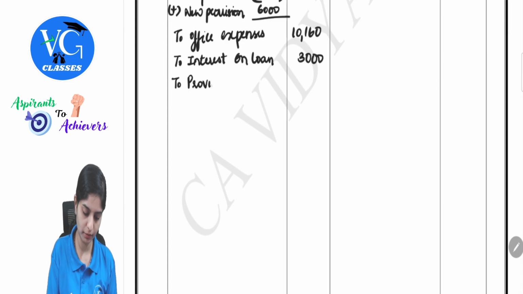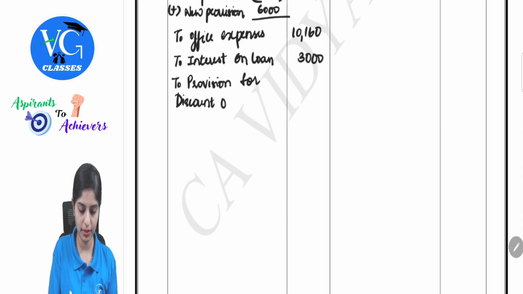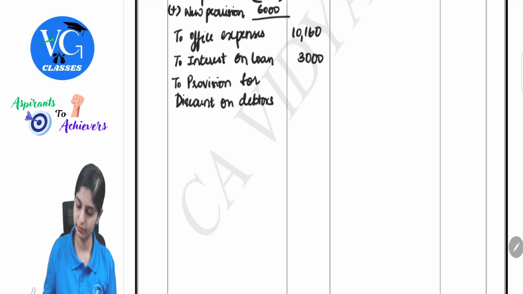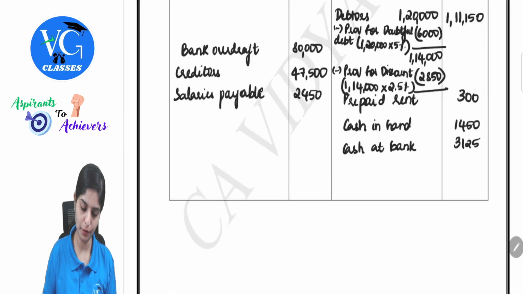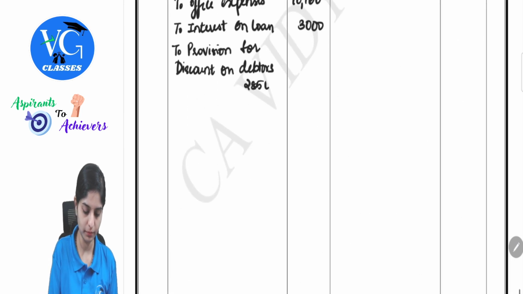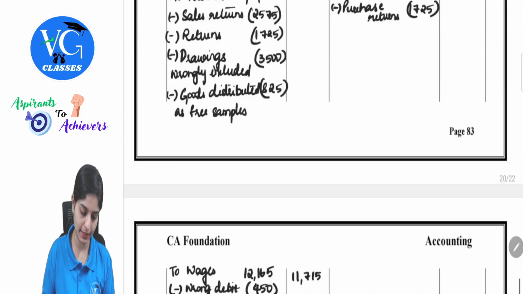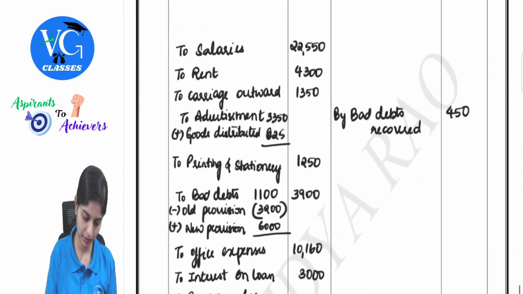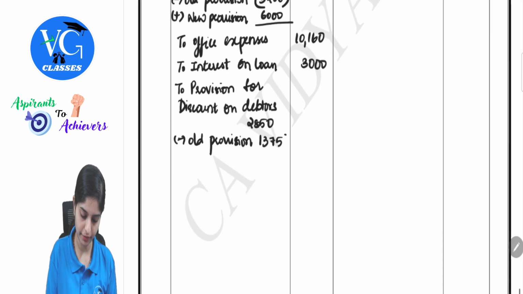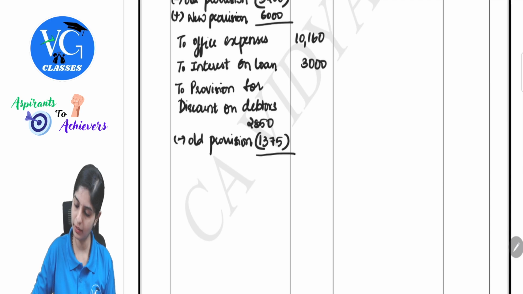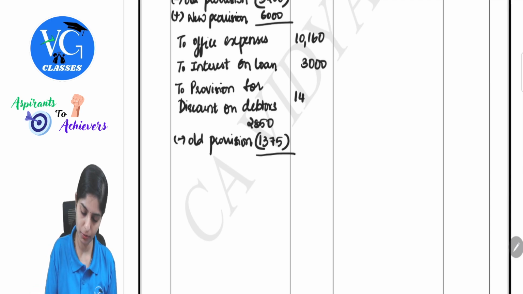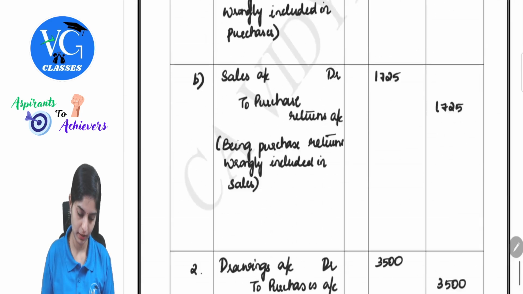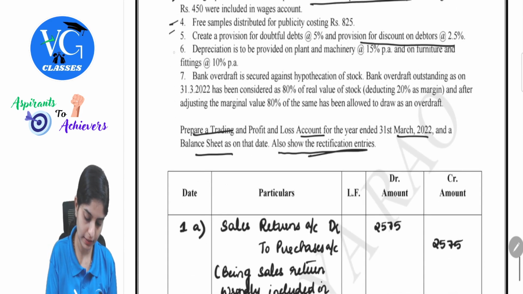To provision for discount on debtors. What was the new provision? 2,850 minus old provision. Same logic what we understood for doubtful debts. Old provision was something 1,375. So this will be 1475. Yes. So this point is done.